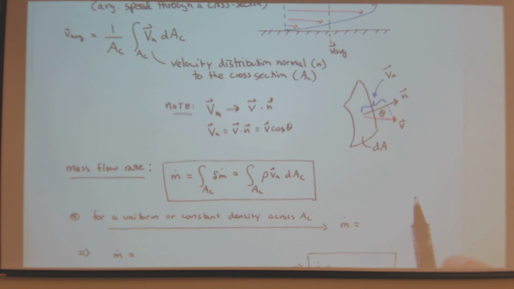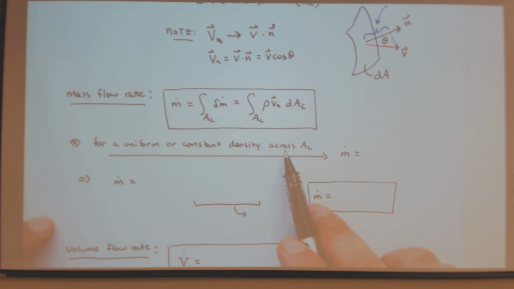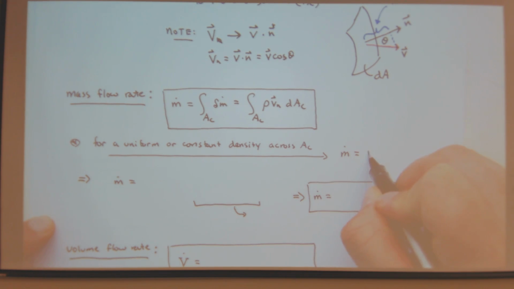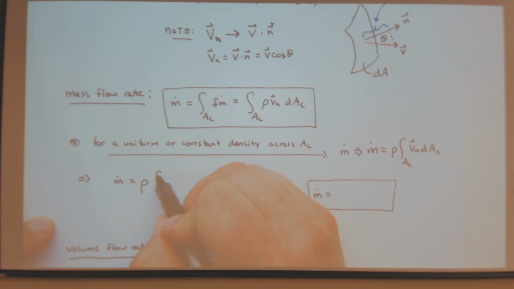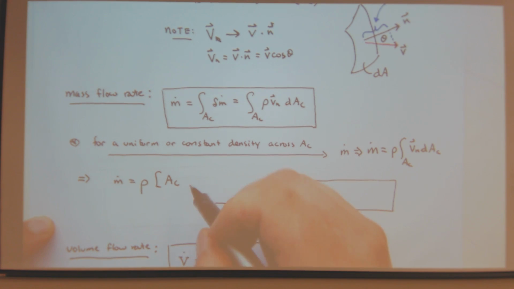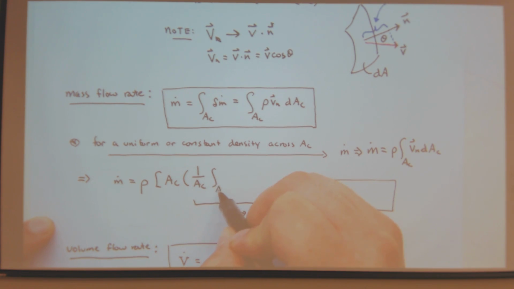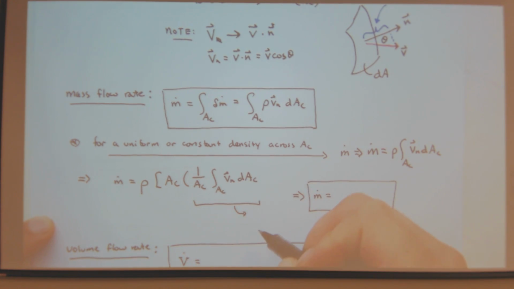So for a uniform or constant density across my cross-sectional area, I have m dot as such, which means that I have rho AC times 1 over AC times an integral over my cross section of Vn dAc.